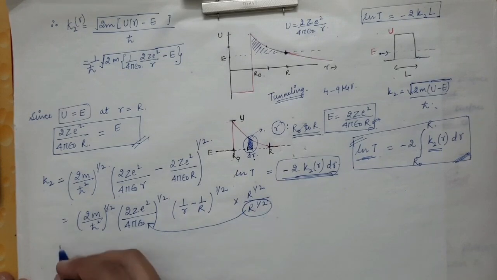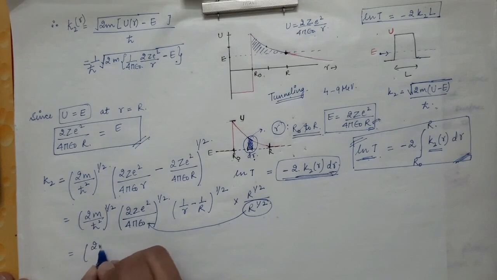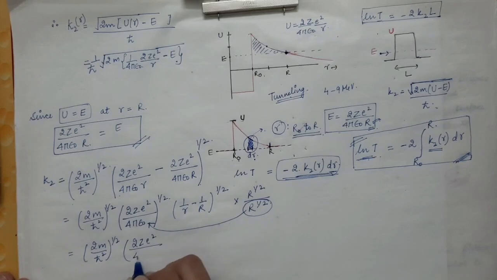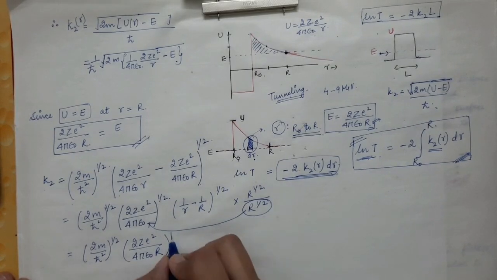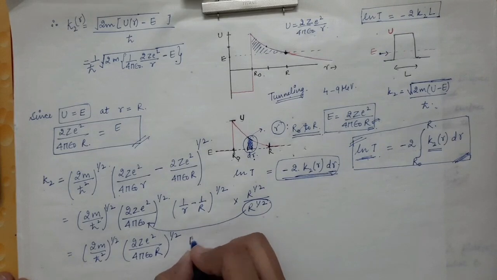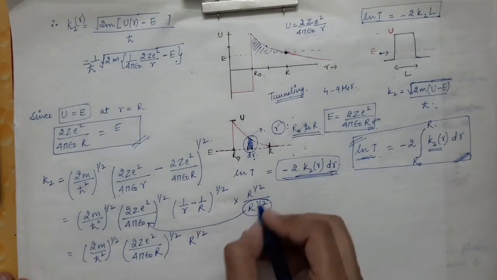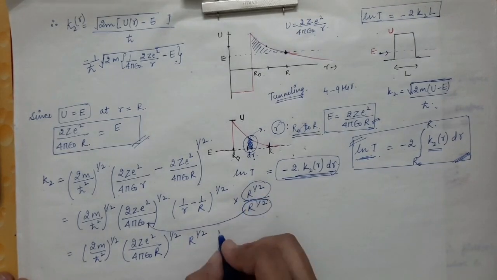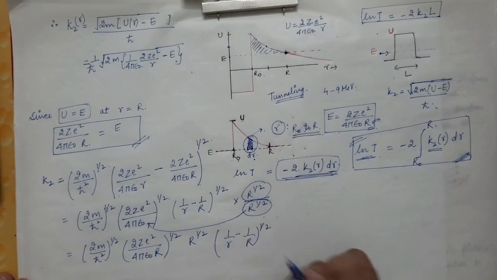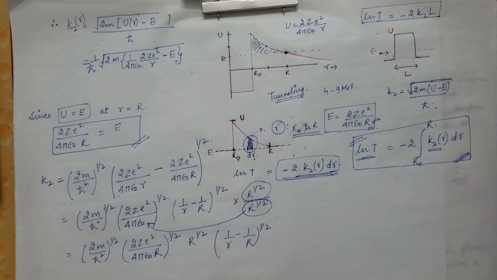So we will club these two terms and get (2m divided by ħ²) to the power 1/2 into (2Ze² divided by 4πε₀r) to the power 1/2. So this r^(1/2) has been clubbed with this term, so in the bracket you have r. Outside the bracket you will get r^(1/2), it will remain as it is, into (1/r minus 1/R) to the power 1/2.